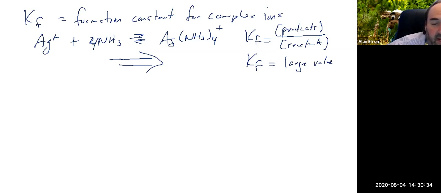Because there's such a high value for that Kf, it wants to make that complex ion, so the first assumption is that all of the metal gets used up. When we do this ice table, the change part should be the metal that's there, which means we zero out the metal.